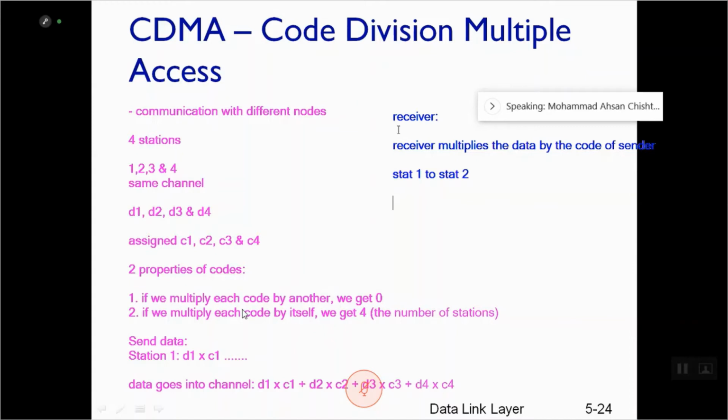Now what it does, it multiplies the data on the channel by the code.